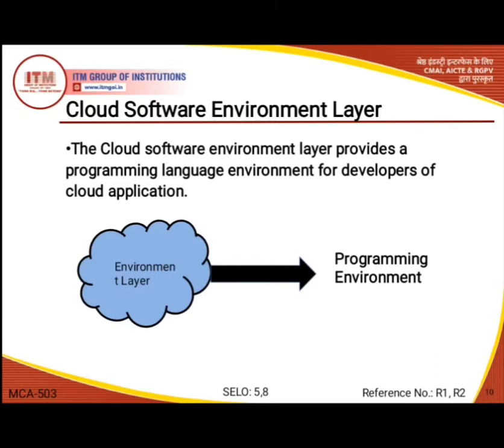So basically, the cloud software environmental layer provides a programming language environment for developers of cloud applications. And the software environment also offers a set of well defined application programming interfaces, also known as APIs, which are used to utilize cloud services and interact with other cloud applications.